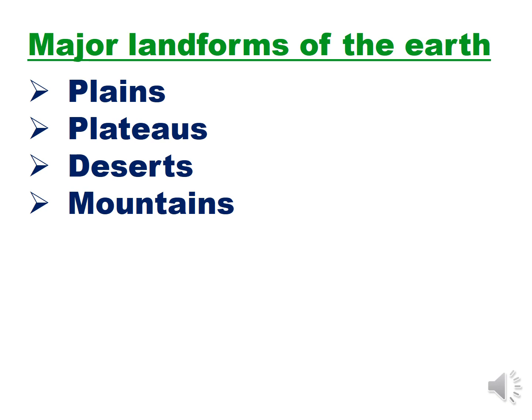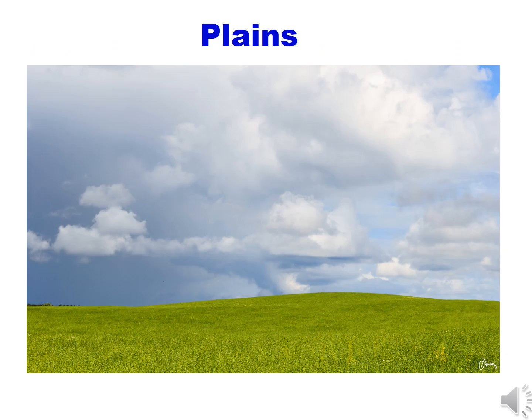There are four main landforms: plains, plateaus, deserts and mountains. Now we will discuss each of them one by one.